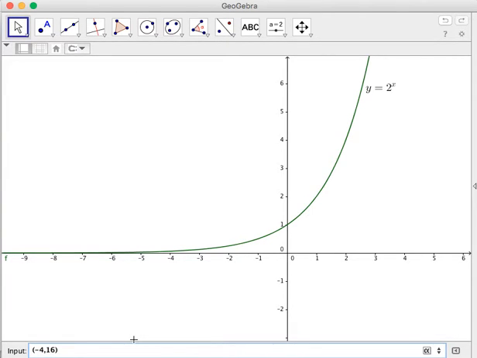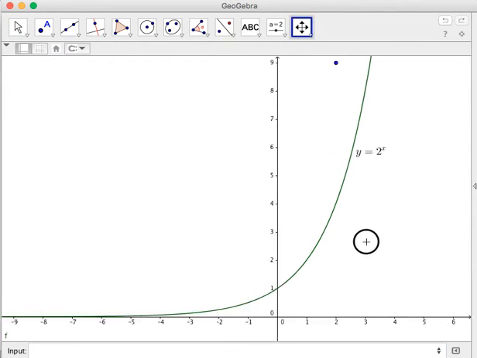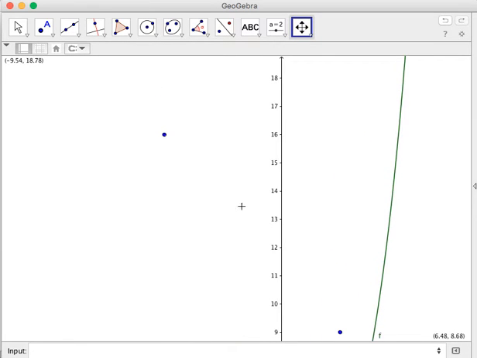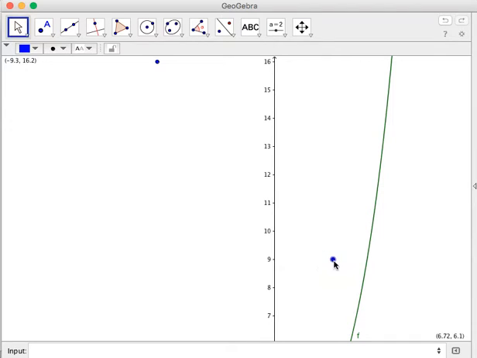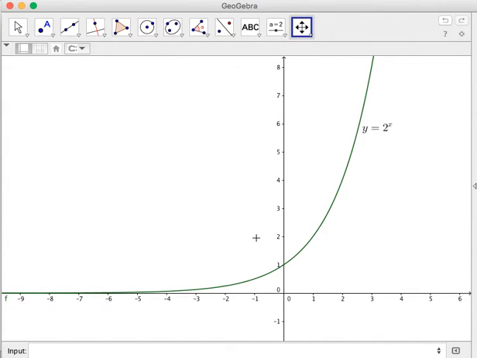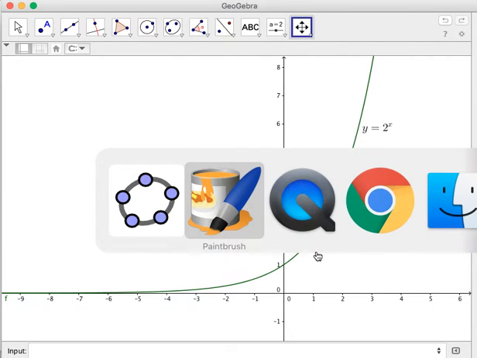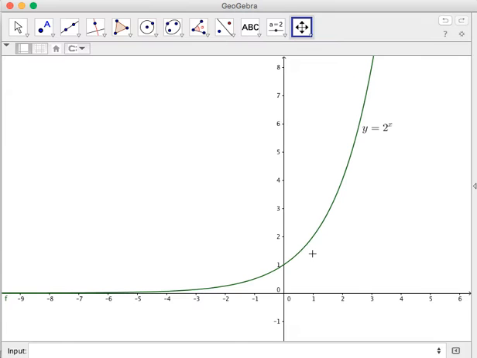Hindi natin yan makikita kasi yung hanggang 6 lang tayo dito, no? But, anyway, sige, drag na lang natin. Negative 4, 16, nasaan siya? Yun, nandito siya. Wala ito sa previous function, sa previous discussion. Okay? And then what else? We have negative 3, 8. So, nandito yan.